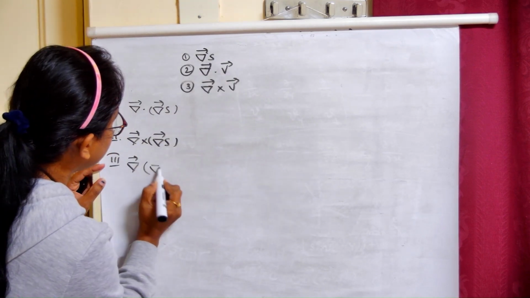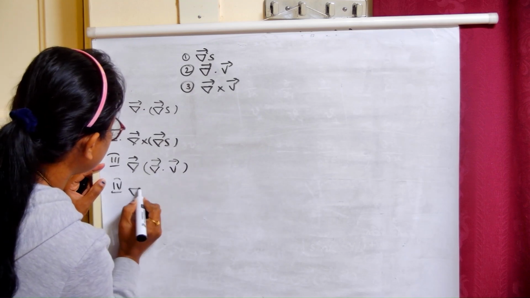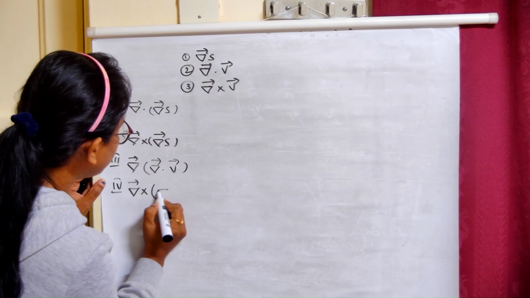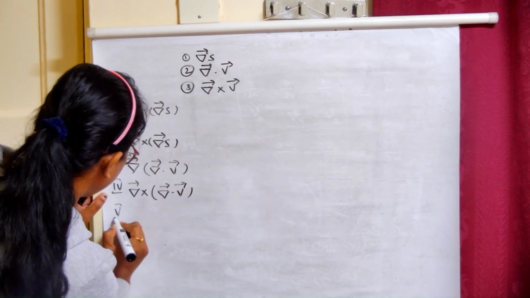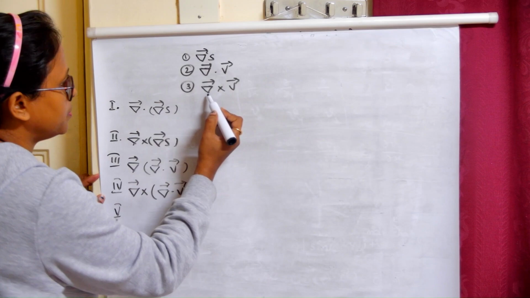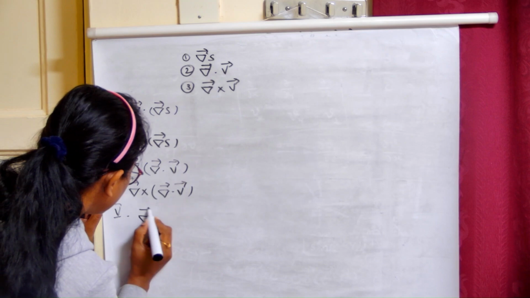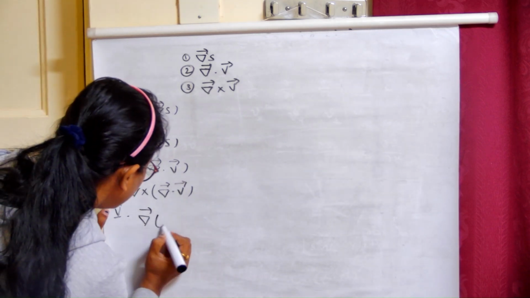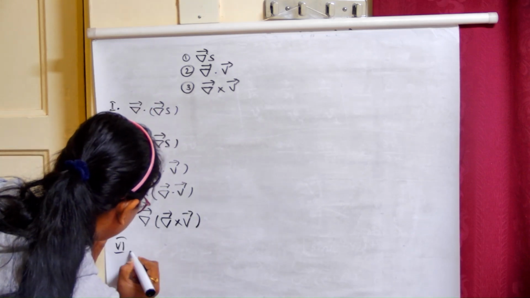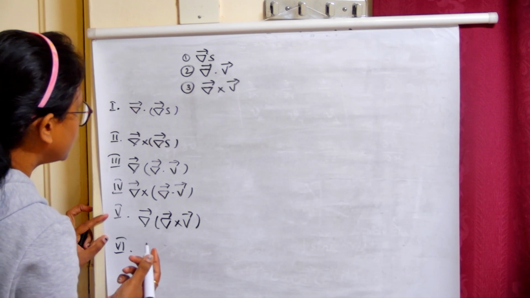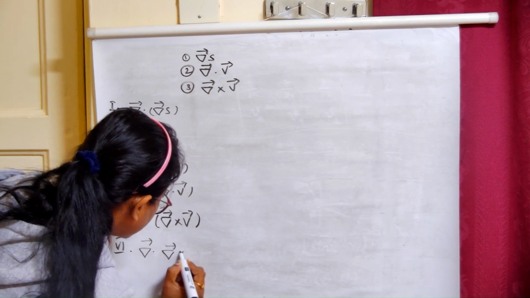Third is gradient of divergence of a vector, and fourth combination is curl of divergence of a vector. Fifth combination we can make by keeping curl as a constant and making combination with gradient, as gradient of curl of a vector, and the last combination we can make is divergence of curl of a vector.